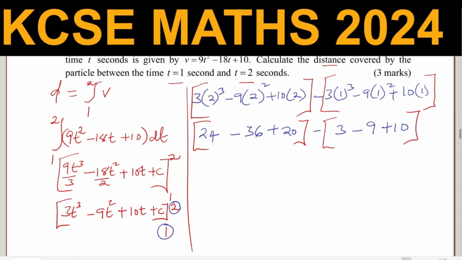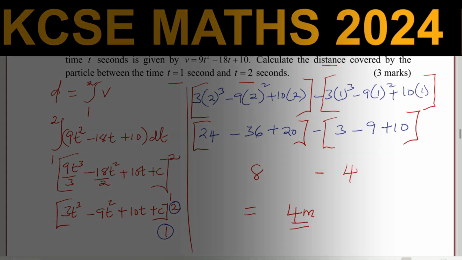Like that. Then from there you have 24 plus 20, that is 44. Subtract, this one will give 8. And then the whole of these will give 13, this will give 4. And this one, 8 subtract 4, you get 4 meters. You get 4 meters because you're getting the distance. And you say to get the distance given the velocity, you integrate velocity.